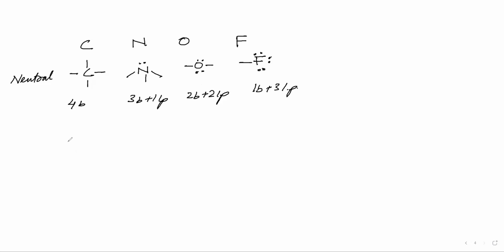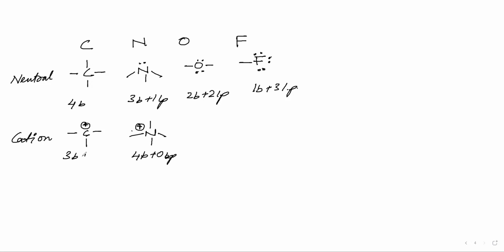Okay. Now, if I want a positive charge, a cation, the carbon cation will be having 3 bonds. Nitrogen cation will be having how many? 4. You have just seen, no? 4 bonds plus 0 lone pair.